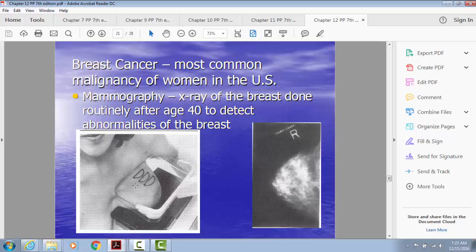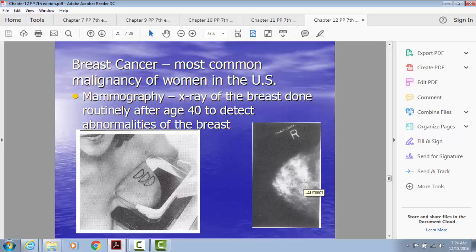So basically, you see here in this picture, the breast is put on this plate, and then this plastic plate comes down and compresses the breast, and then an x-ray is performed, and we get an x-ray image that looks as such. So the radiologist then will look at that to determine if there are any suspicious areas in the breast tissue.